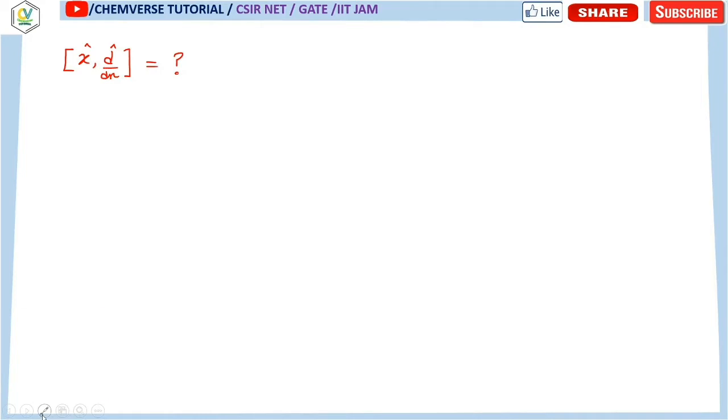In order to do this, suppose I want the value of operator A. I actually operate A over some function psi, and I get some value E, so the expression is A psi equals E psi.